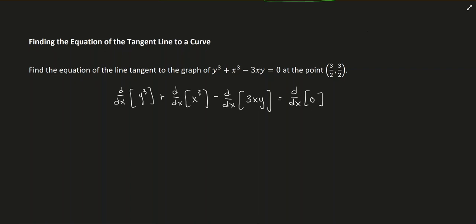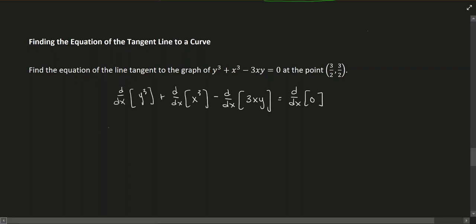And let's just talk for a second about what each one of these derivatives is going to require. The derivative of y cubed with respect to x, that's going to need the chain rule. So we'll take the derivative with respect to y first, and then multiply by dy dx. The second one, that's just the power rule. We know that works out to be 3x squared. This third one, though, we have x times y. This one's going to require the product rule.